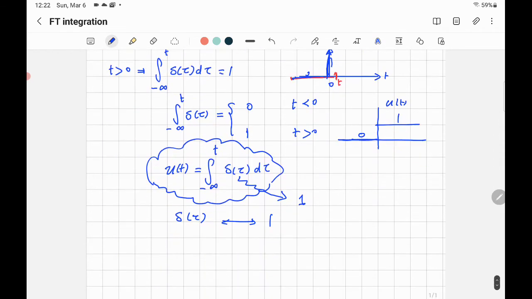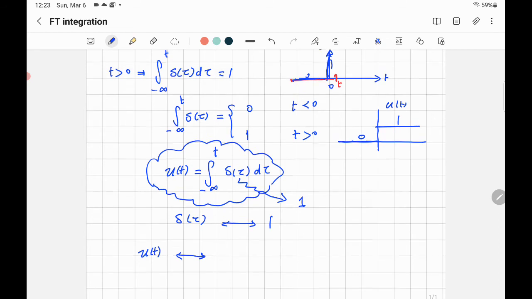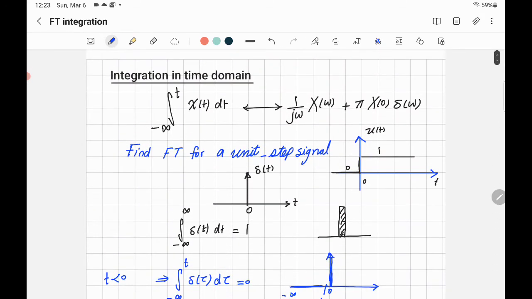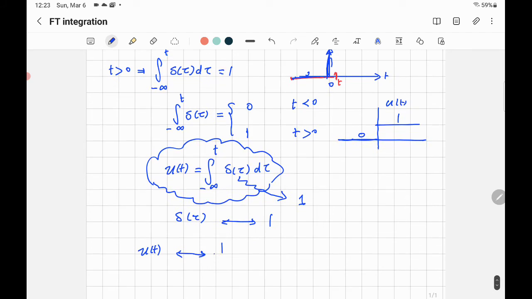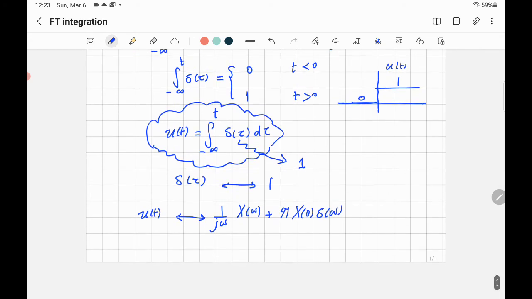So u of t will give the Fourier transform using the integration. I just have to write it again: 1 over j omega, X of omega, plus pi X of 0 multiplied by delta omega.